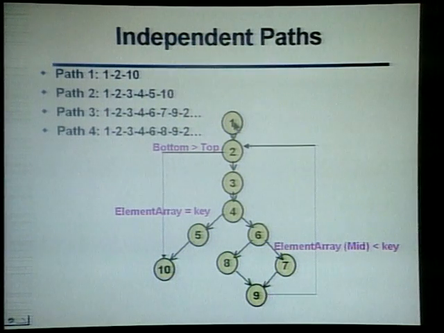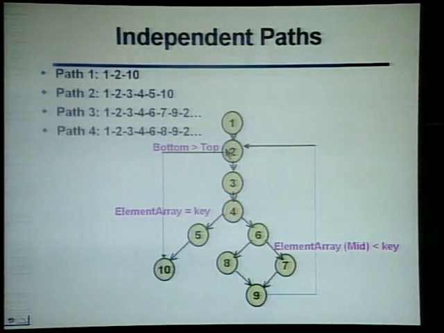So we have path 1, which is node 1, 2. If we move that way, then we reach node 10. So we get our path number 1. Now path 2: node 1, 2, 3, 4, 5, and then 10. Similarly, path 3 is 1, 2, 3, 4, 6, 7, 9, and back to 2.